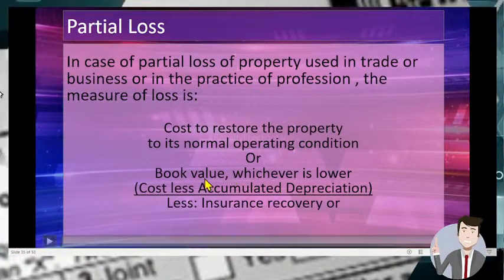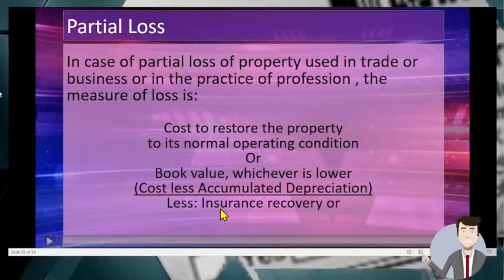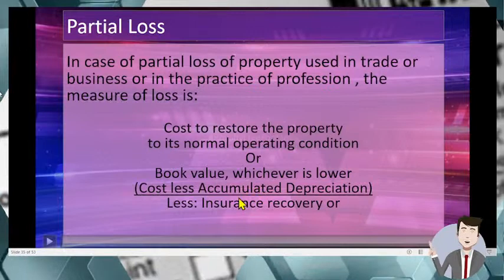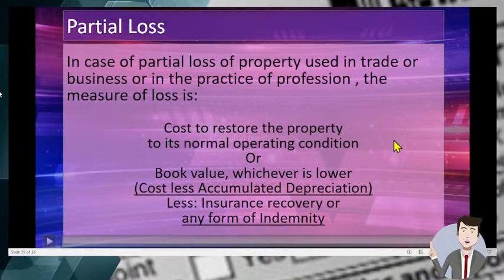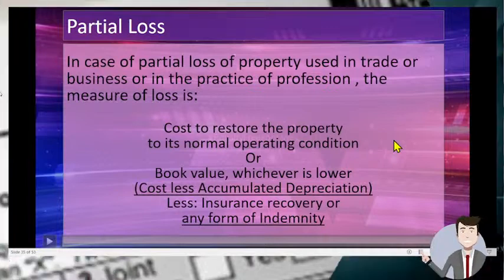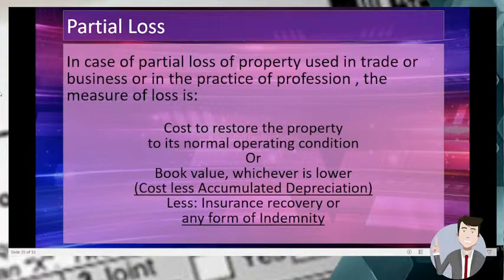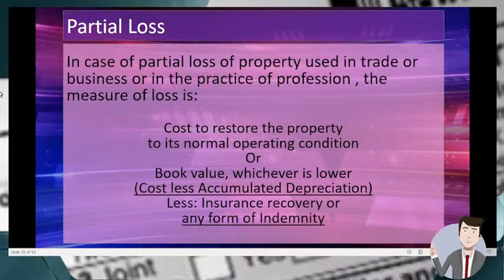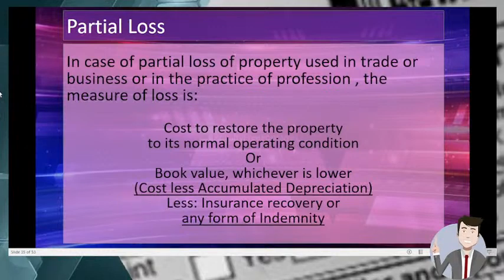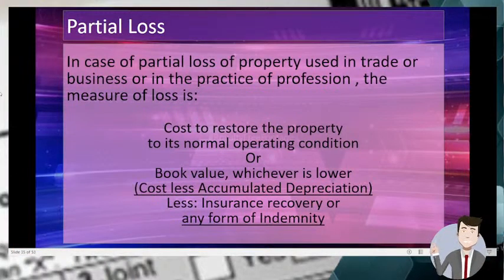So whichever amount is lower should be less or deducted by the insurance recovery or any form of indemnity. So if the property is insured, the amount that can be deducted from the gross income should be net of indemnity. Okay?